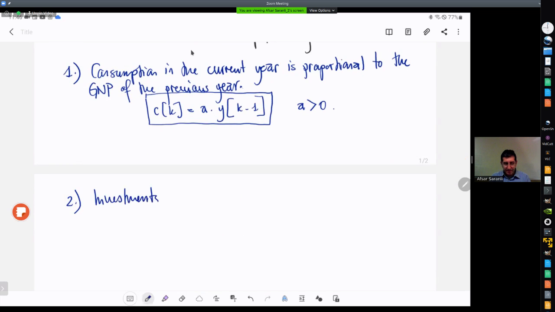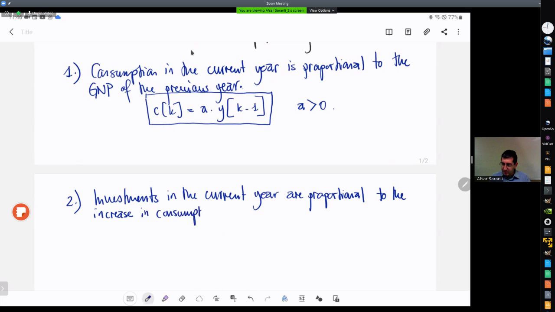Investments in the current year are proportional to the increase in consumption from the previous year.